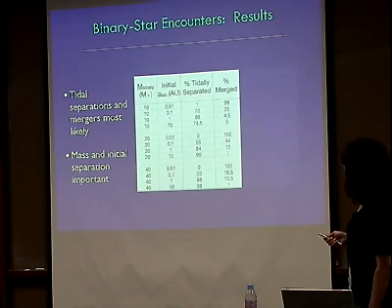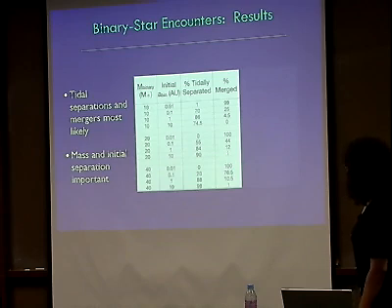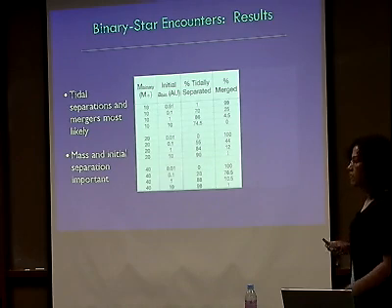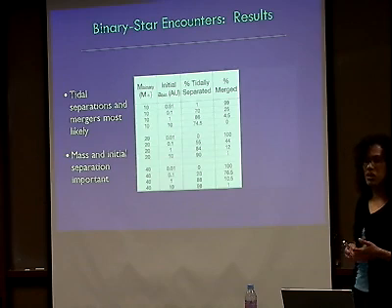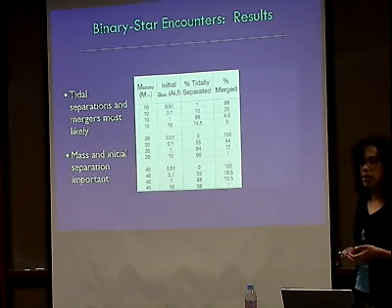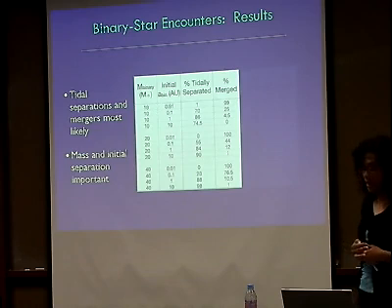So in the case, once again, I showed you the first cut with just the mergers. So when you have very massive objects that start off close to one another, they're nearly all going to merge. But as you make the initial semi-major axis larger and larger, it's less likely that they're going to merge by gravitational radiation, and the tidal separation becomes a more dominant outcome.